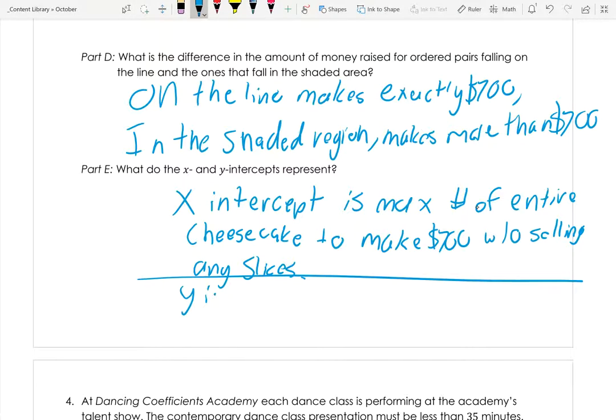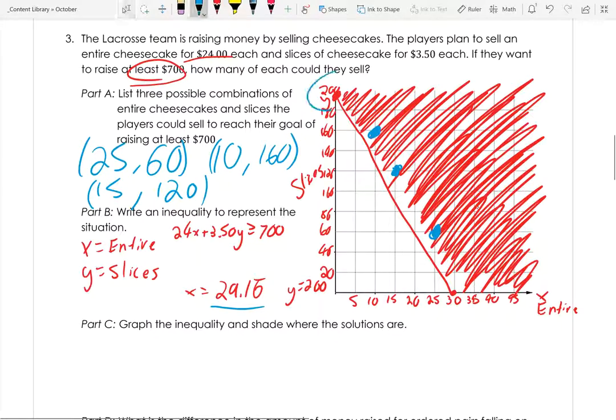The y-intercept is the exact opposite. The y-intercept, which if we go back was 200. Our y-axis represented slices.